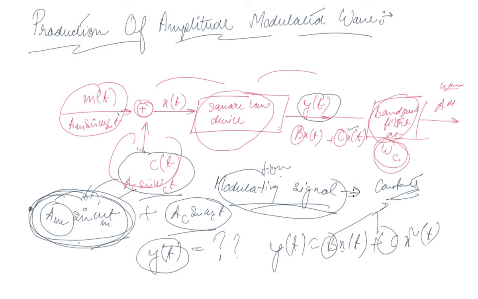Now let's proceed with this calculation further in the next slide. If we look over here, y of t after it has passed through the square law device is given by b of x of t plus c of x square of t.